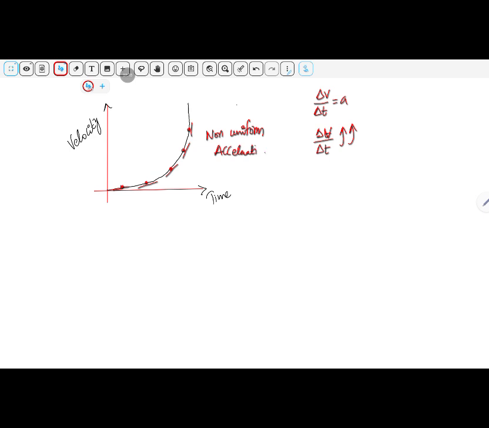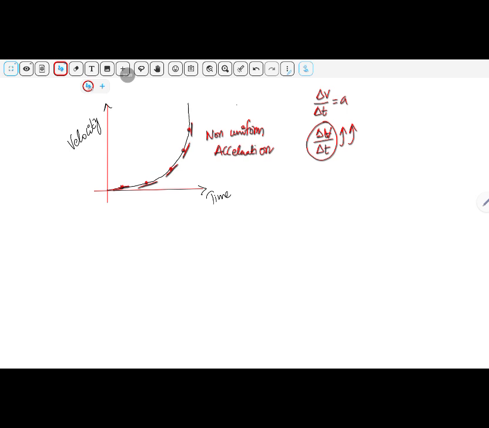But in that non-uniform acceleration also, the acceleration is slowly getting increased, because the rate of increase in the velocity is also changing, and it is getting increased.